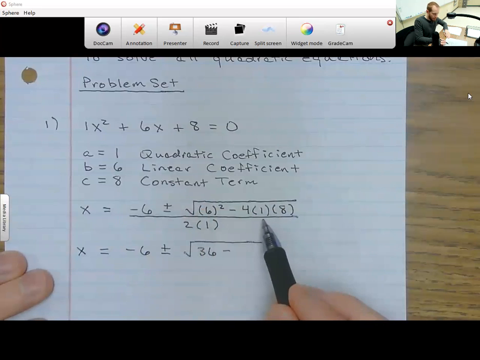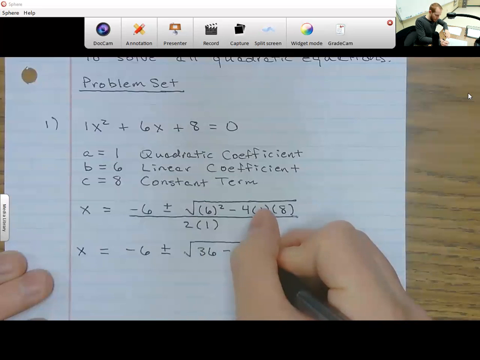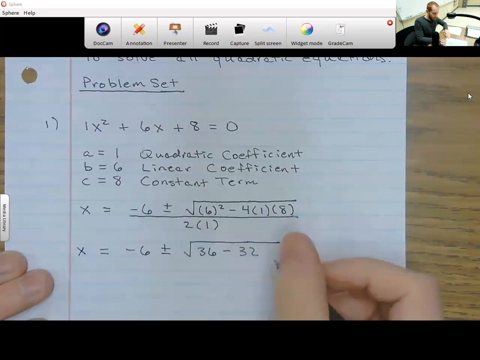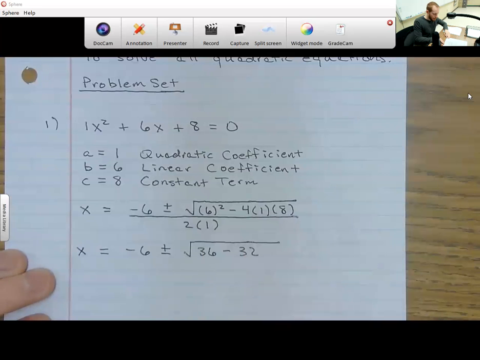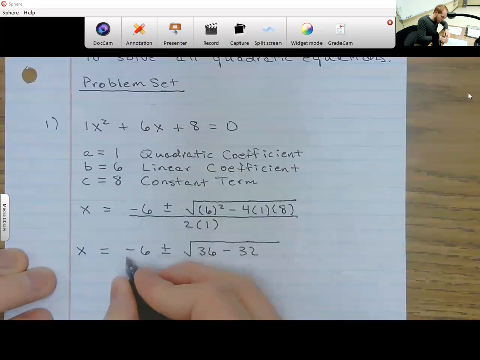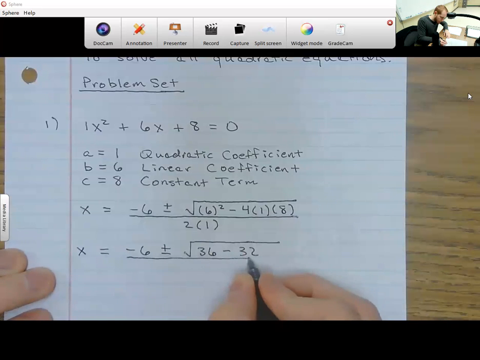Well, what is 4 times 1 times 8? The 1 isn't going to matter. So what's 4 times 8? That would be 32, right? So I'm going to put a 32 right here. And then everything is still divided by 2 times 1, which would be 2. So I'm going to divide everything by 2.